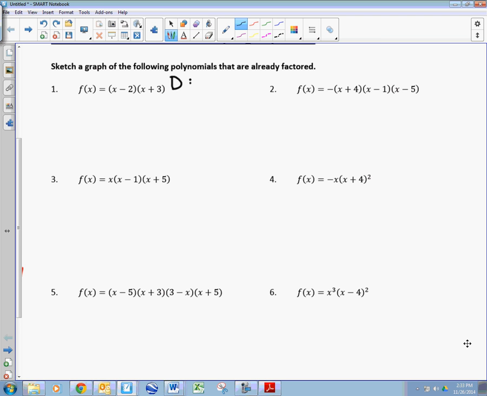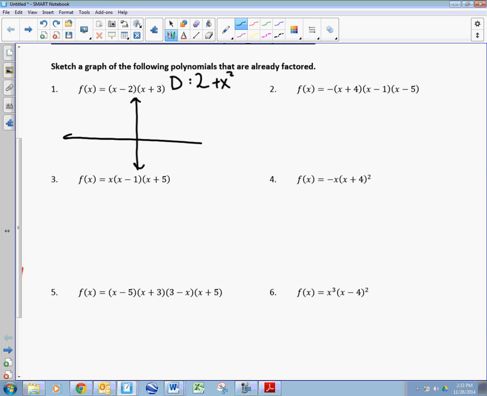What do I get? This is a second degree polynomial. When I multiply it out, will I get a positive x squared or a negative x squared? I will get a positive x squared, okay? A positive x squared. So therefore, it's going to finish up. Will it start up or down? It will start up because it's an even degree. It will start and end in the same direction.